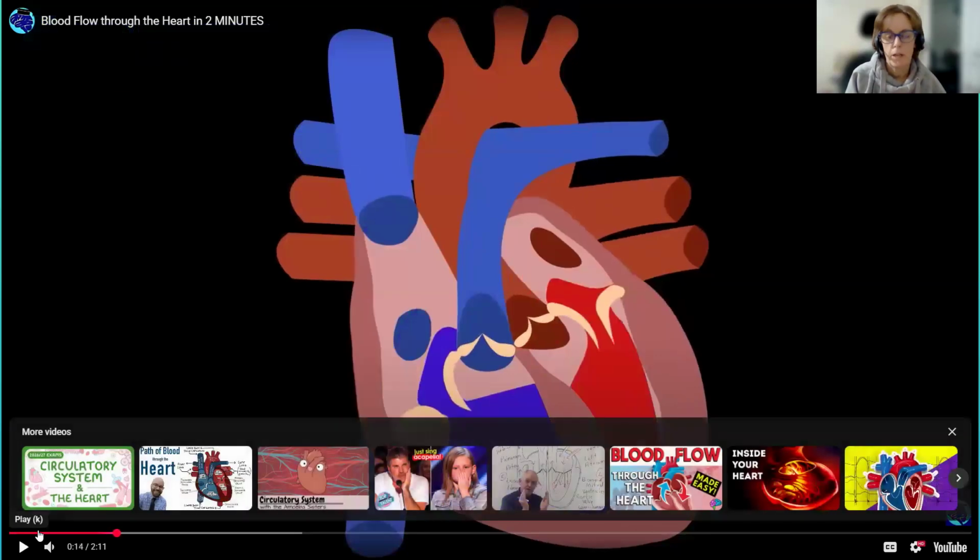Have a look what happens to the heart now when it contracts. That contraction starts from the bottom of the heart. It squeezes upwards.